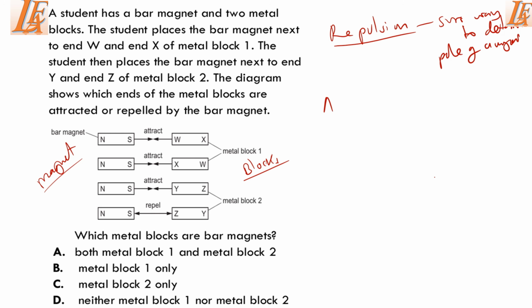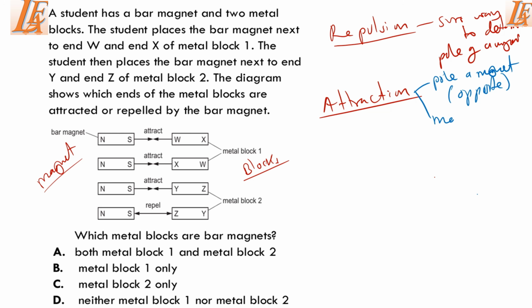Now, attraction is not a sure way, because when a substance is being attracted, it can either be a pole of a magnet, in this case an opposite pole, or it can be a magnetic material, because remember, a magnet attracts magnetic material. So in attraction, it is guesswork. It's either an opposite pole of a magnet or a magnetic material being attracted.